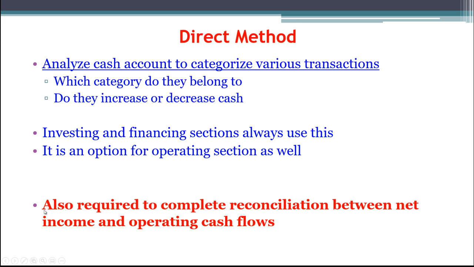Now, here's the thing I want to mention with the direct method. If you use the direct method, which, by the way, the FASB strongly recommends that companies use, you're also required to complete a reconciliation between net income and the operating cash flow.